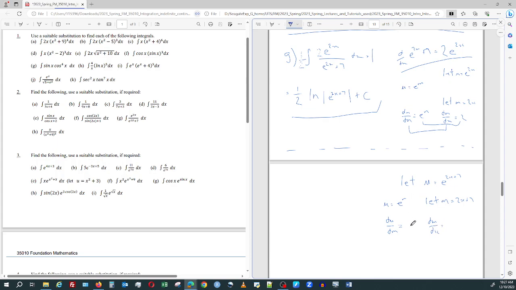So I can do those. e to the m is e to the m. Wonderful. dm dx is 2. So I chain them together. And du dx, which is this bit, and this is where a u substitution, staying in the column, du is equal to 2e to the 2x plus 7.